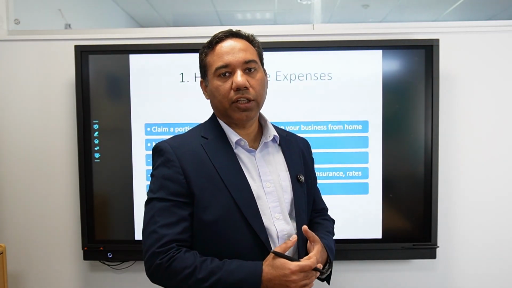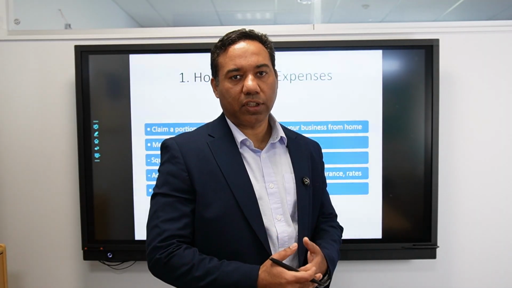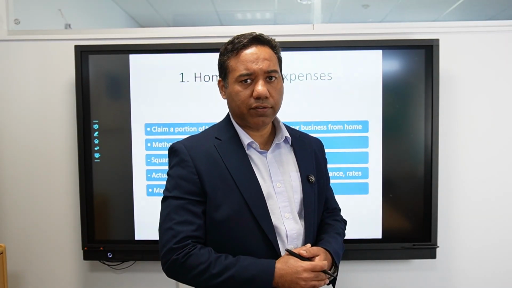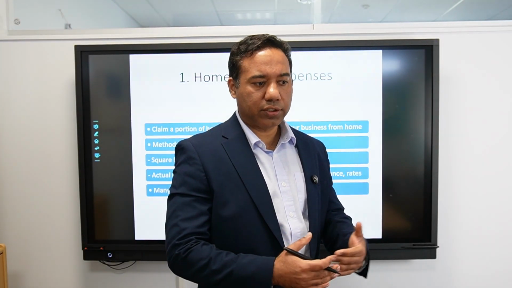That comes down to whether you are actually using part of your home for business purposes such as planning, management, marketing, execution, client meetings, or storage of some of the materials inside your house or the garage. If the answer is yes, we need to calculate the area that you're using, and based on that we can do the home office calculation, or you can do that yourself as well.